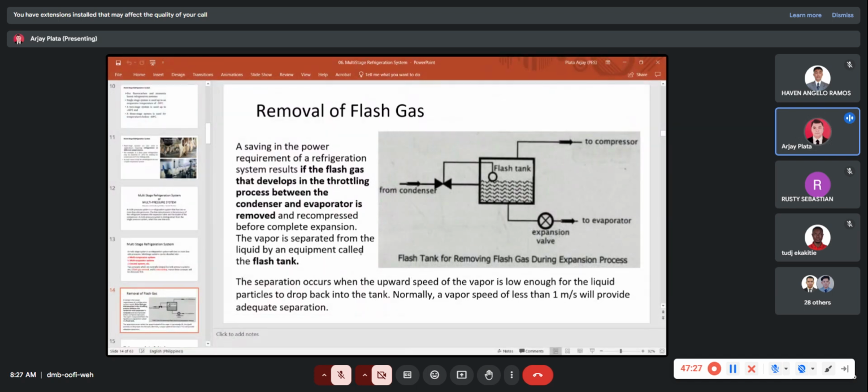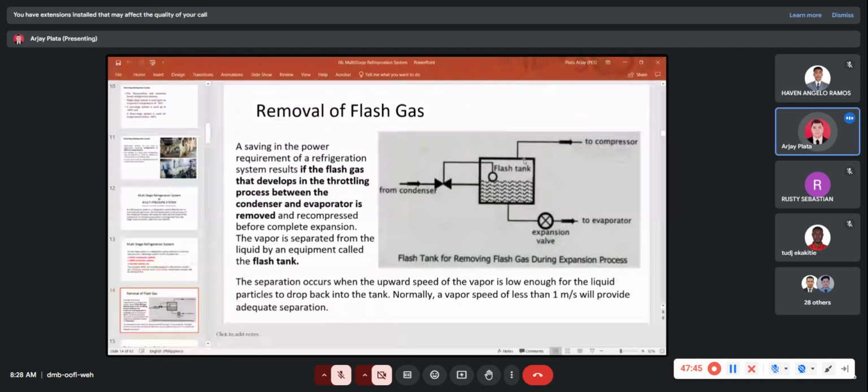And what we will do is we will recompress that flash gas before complete expansion. So the vapor is separated from the liquid by an equipment called a flash tank.